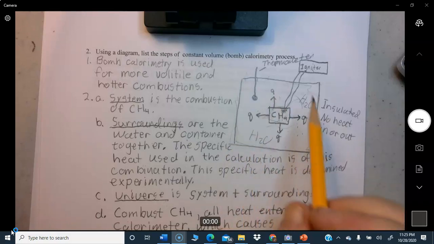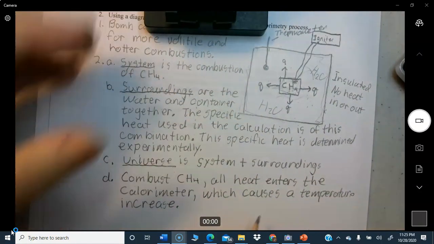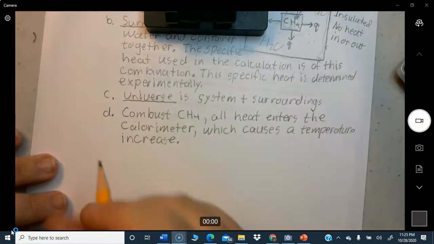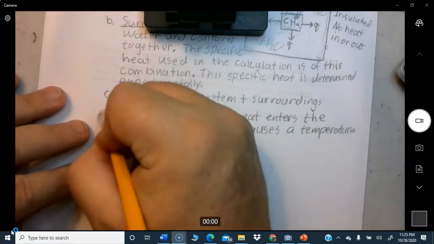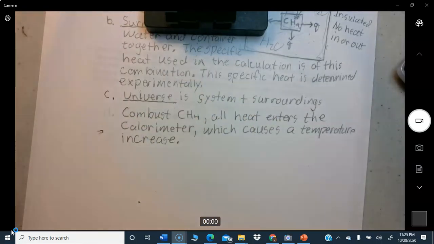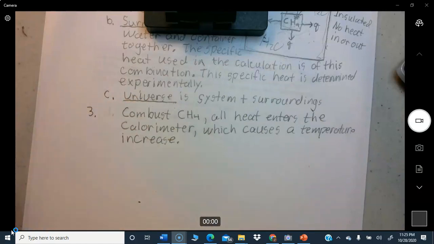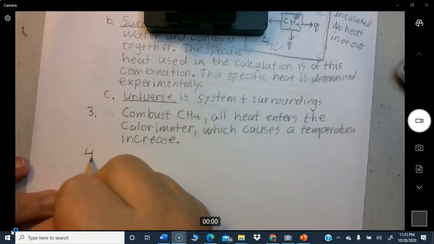Not just the water, but this entire unit, which causes a temperature increase. And I am again calling that D. I should have called that number 3. The A, B, and C is for system, surroundings, universe, but I'm actually using numbers for each step. Okay, so number 3. Number 4.